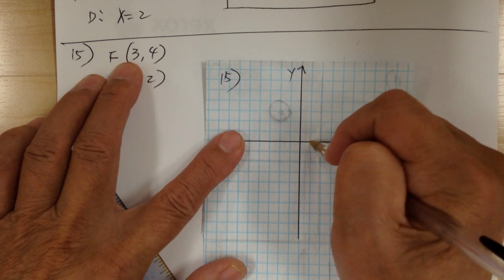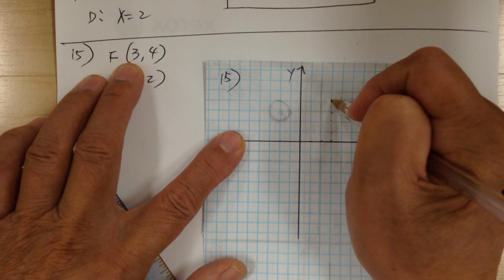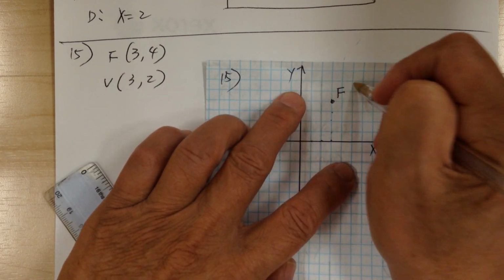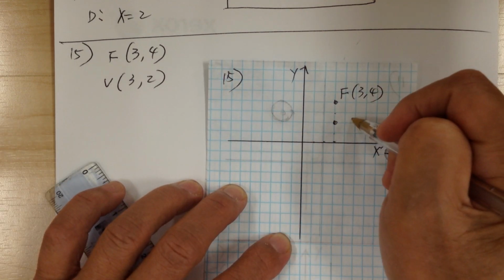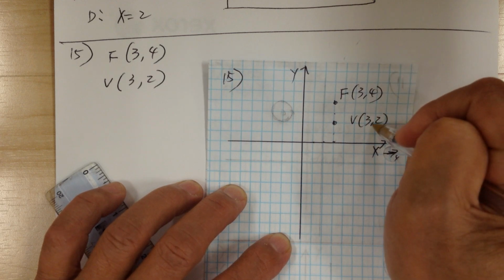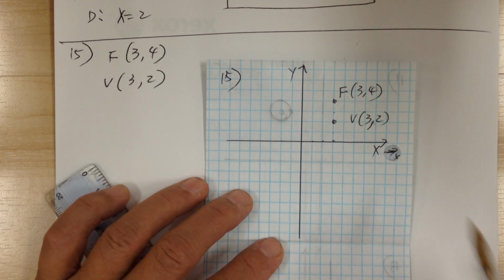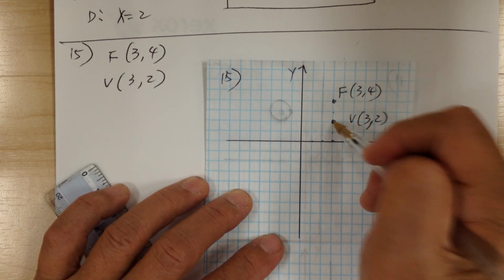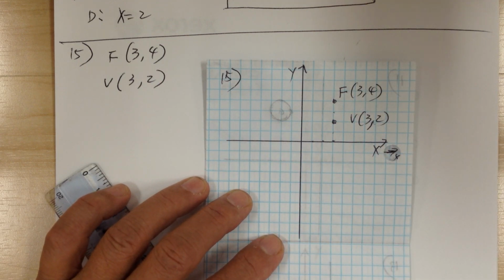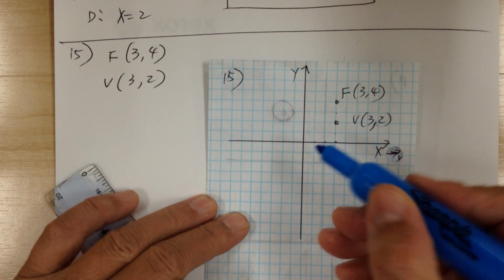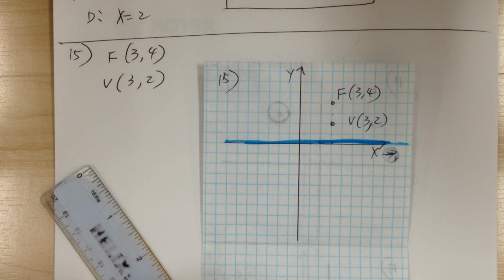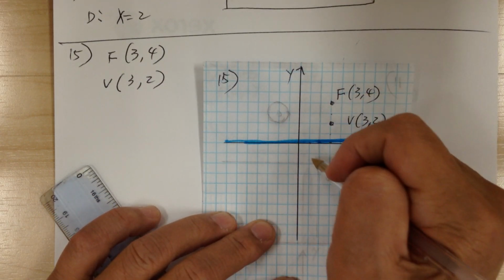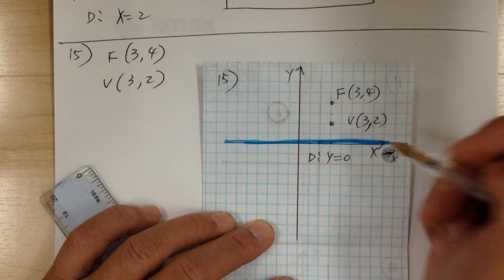Focus at 3, 4, vertex is 3, 2. Since the vertex is always in the middle, the directrix will also be over here, on the axis. So your directrix would be y equal to 0.